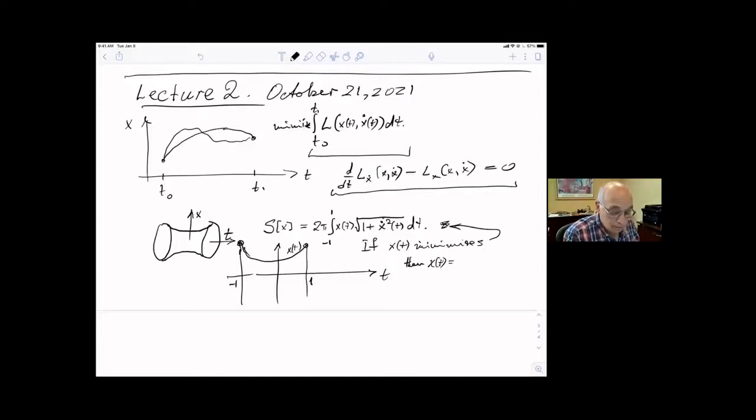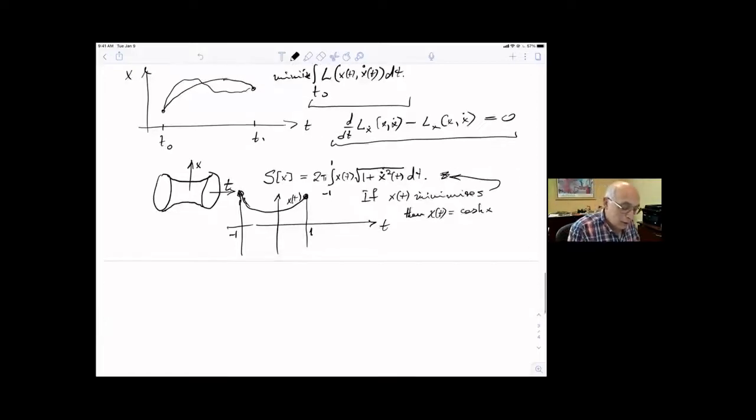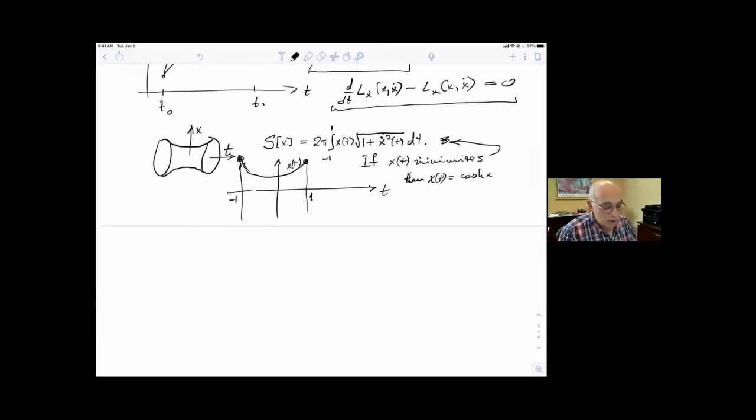So it's, well, with coefficients, right? So cosh of x with some coefficients which depend on this point. I don't want to write the Euler-Lagrange equation, but I want to make a couple of remarks.